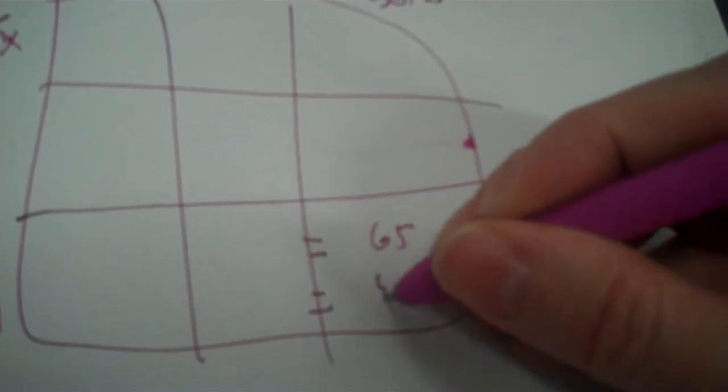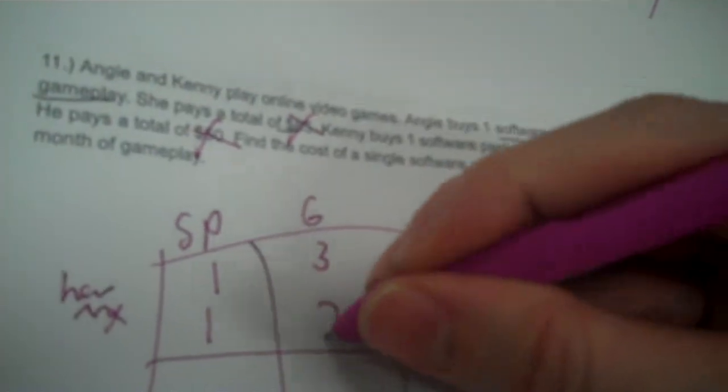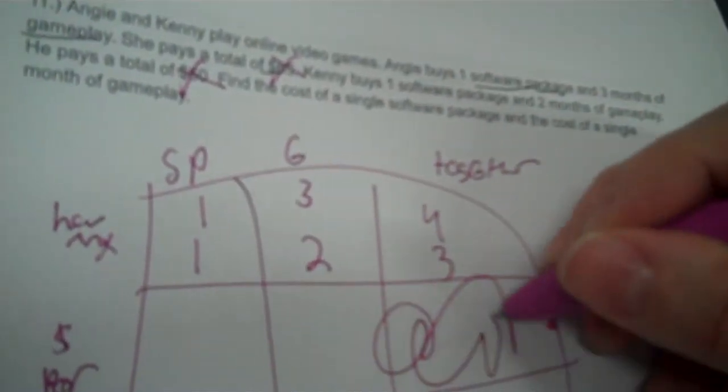So you're going to have 65 and 50, put them in that order, in the order they appear in the problem. Now find all your non-money numbers. One software package, 3 months of gameplay right beside it. One software package, 2 months of gameplay. So that's going to be 1 and 3, and 1 and 2.